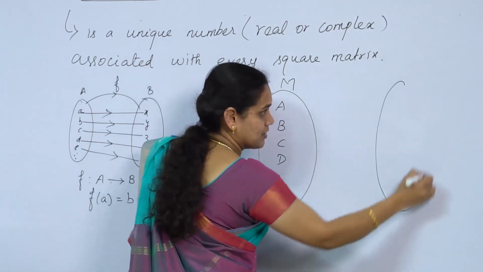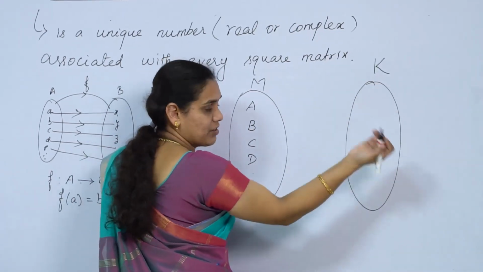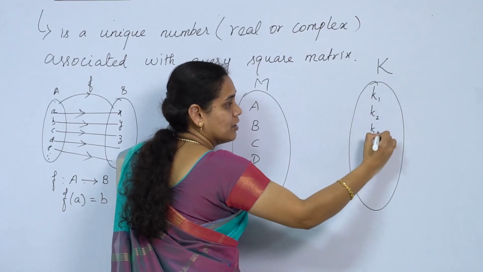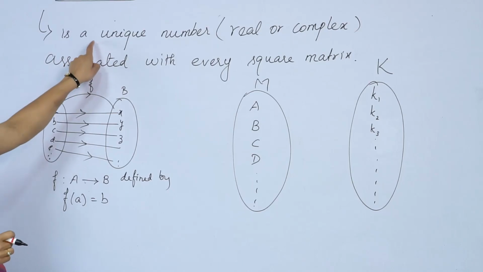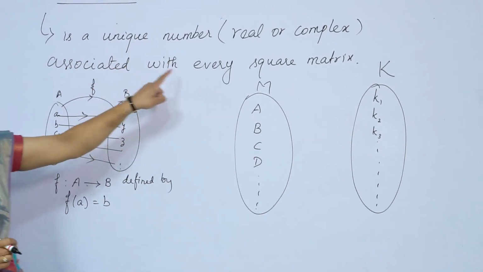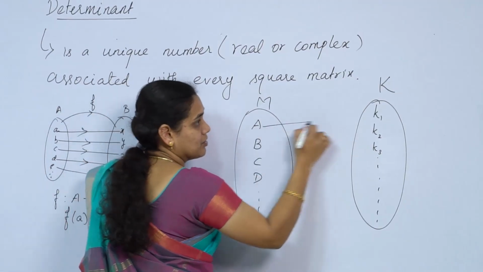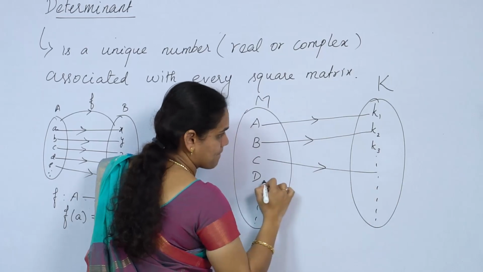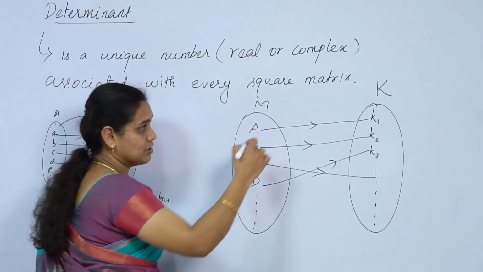And in another set, let us name it K, we put all the real or complex numbers, K1, K2, K3, etc. What we have told is that a unique number is associated with every square matrix. So every square matrix has a number there, so we can map like this. Isn't it? So it is a function.